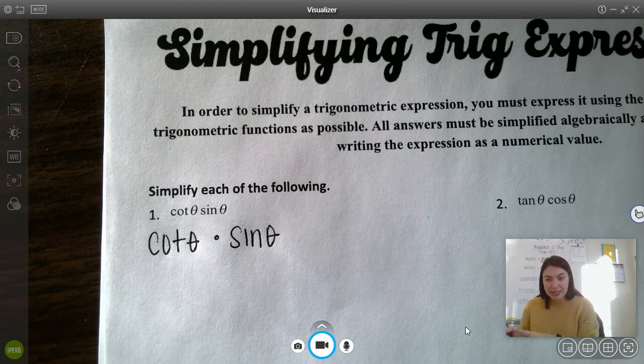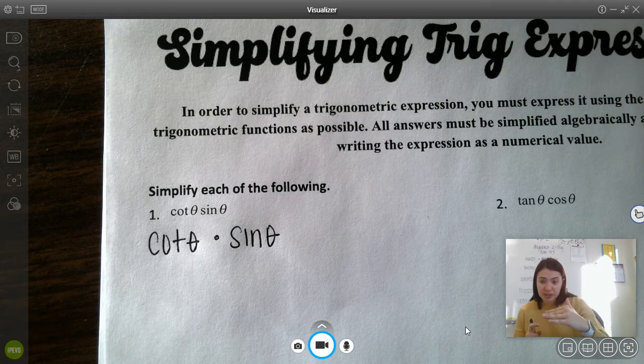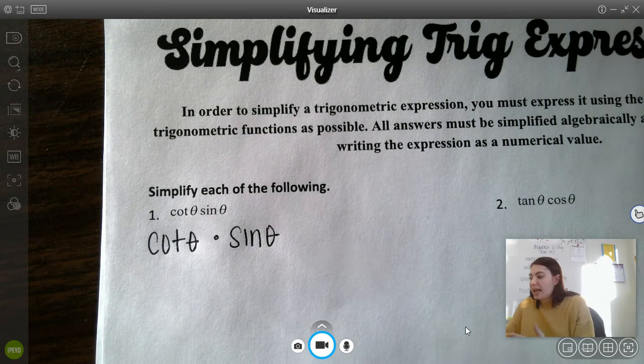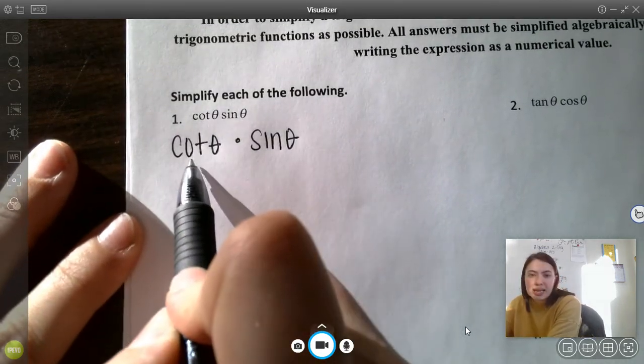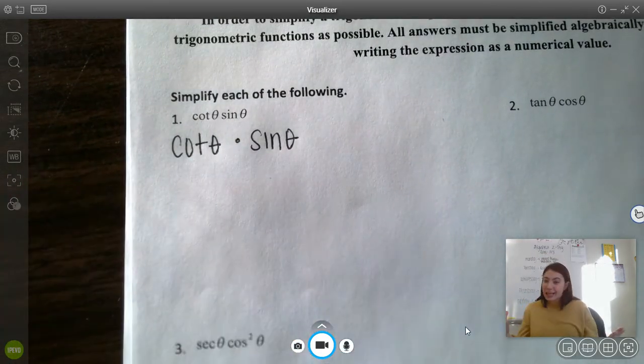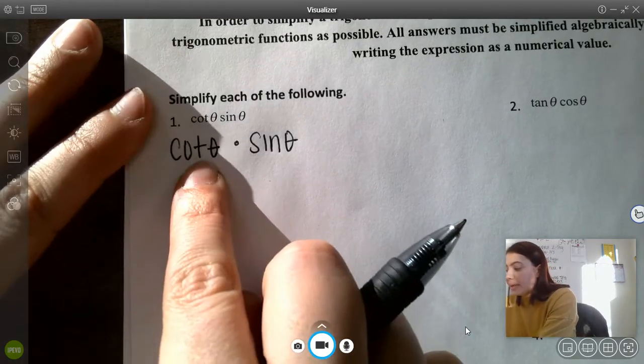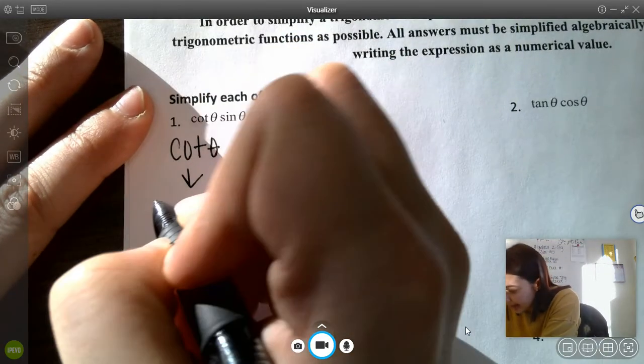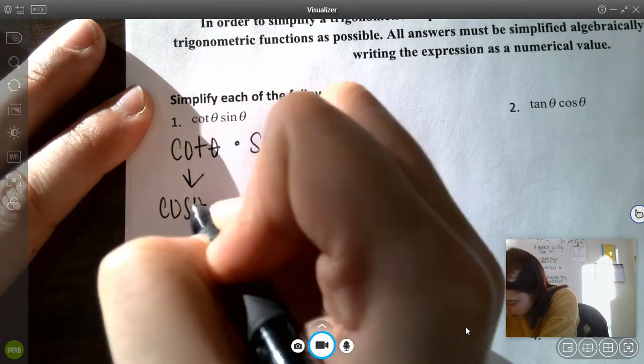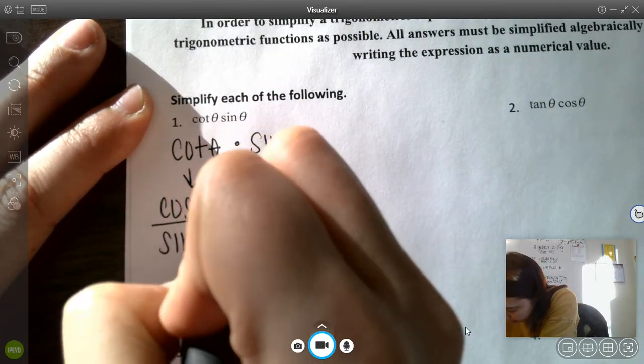But cotangent is not. Cotangent is a reciprocal trig identity. We can say that cotangent is 1 over tan, but if you were to write 1 over tan times sine, that does not get you very far. Instead, we can view cotangent as the cosine of theta all over the sine of theta.